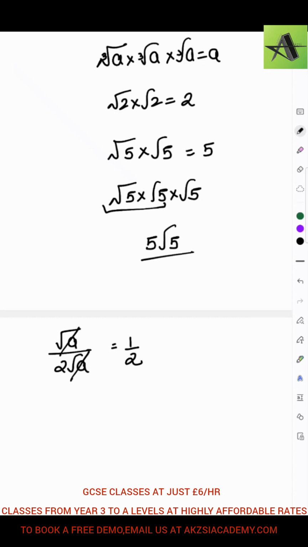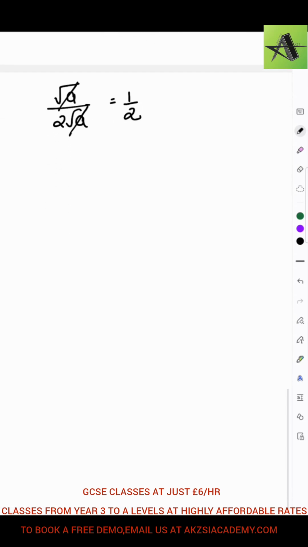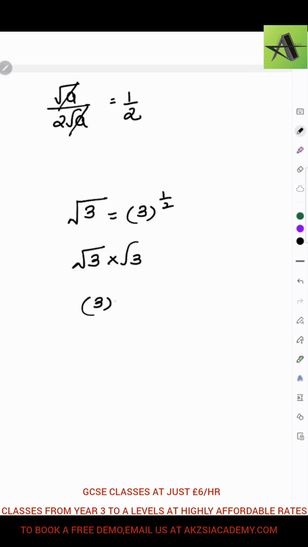And there's another way to understand it. When we multiply two same surd numbers, it gives me an integer, because, as I told you, root means the power is half. So when you're multiplying root 3 times root 3, it's actually 3 to the power of half times 3 to the power of half.